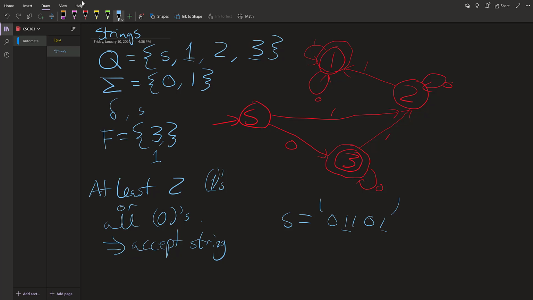So, yep, indeed we accept it as per this DFA, and also that's the rule we defined. What if we had 0, 0, 0, 0? Then it's just here, state 3, 0, 0, 0, 0, and it accepts. What if it was like 0, 0, 1, 0? Well, now it's not all zeros, and it's not at least two ones. So it gets rejected.